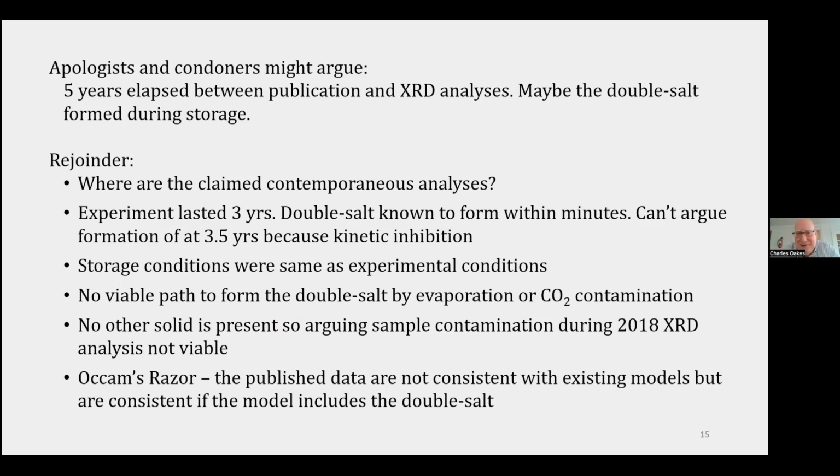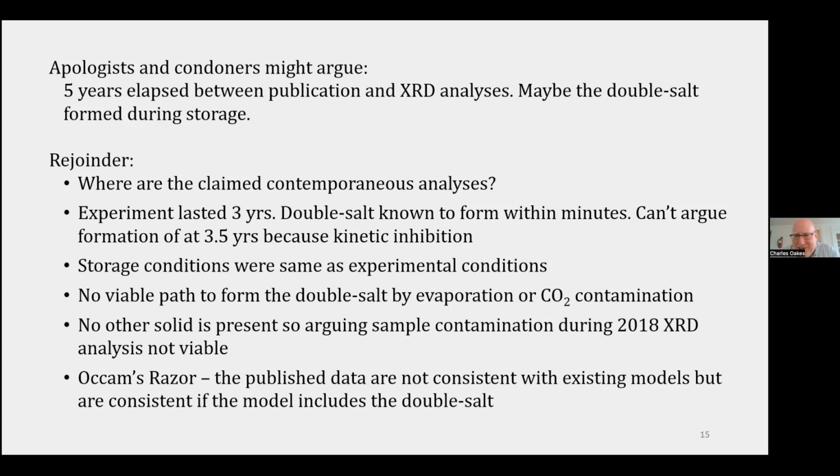So this gets into what I was just talking about, the people that bend over backwards to make excuses for apparently falsified data. They say, well, maybe that oxalate chloride formed during storage. Well, I say, it's been known for 100 years that the stuff forms within minutes. Why do you think it would form at 3.5 or 4 years versus 3 years?